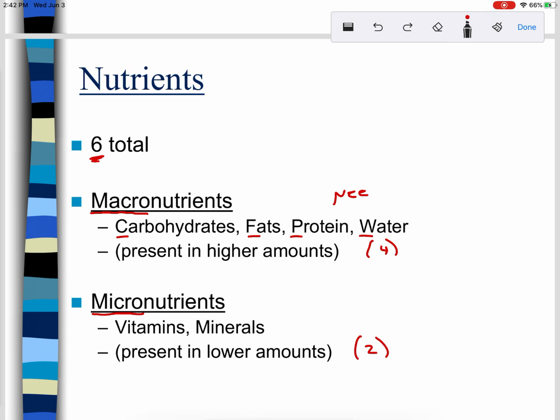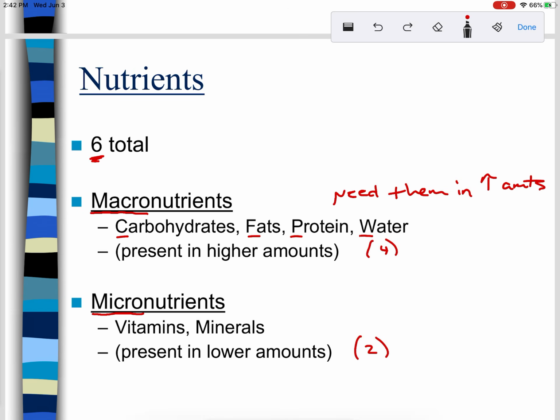These are considered macronutrients because we need them in higher amounts. So it's not that they're actually bigger in structure necessarily. Instead, it's considered a macronutrient because we need a lot of it.